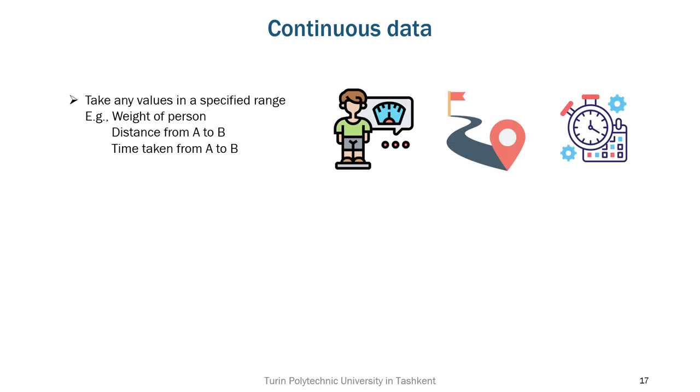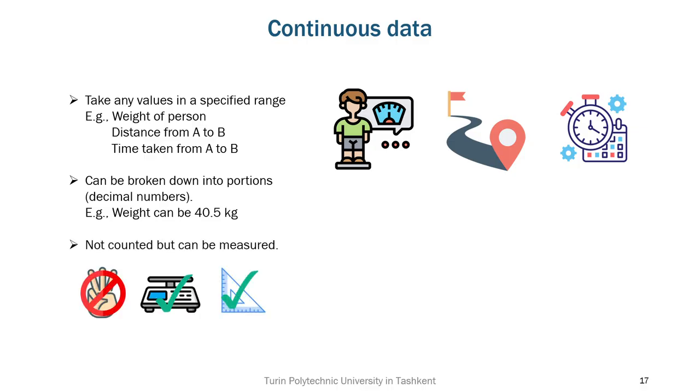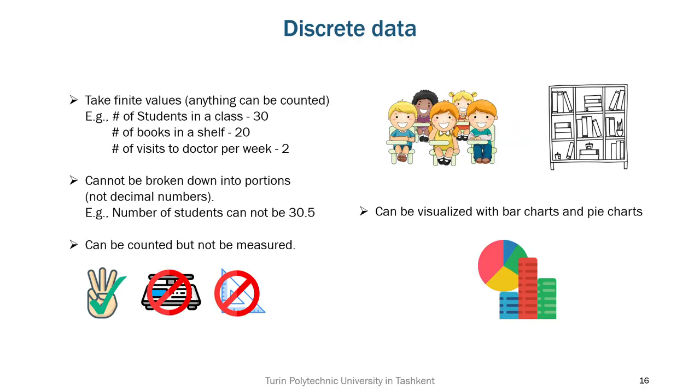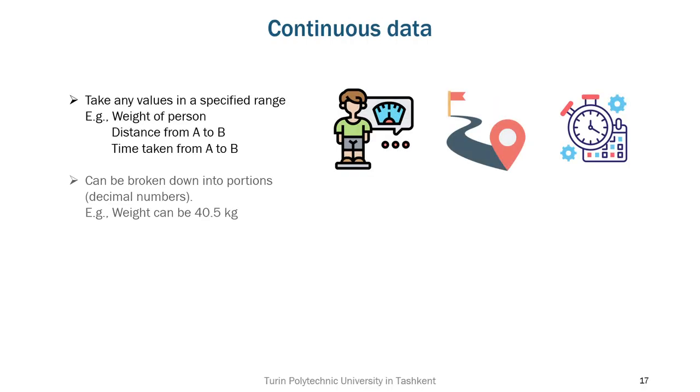But continuous data can have portions, like weight can be 40.5 kilograms and other continuous numbers, but discrete data cannot be.